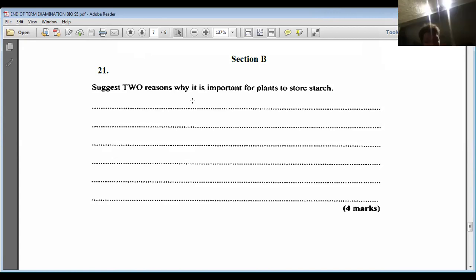Because glucose is soluble, it can't be stored in the form of glucose. It is stored as starch because starch is not soluble in water, and that would be those two reasons.